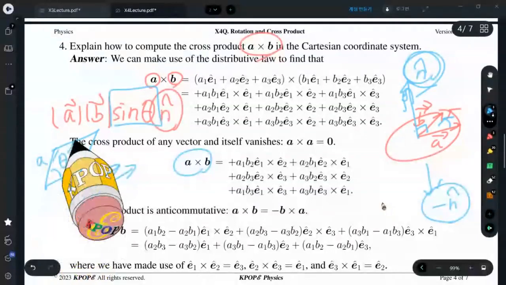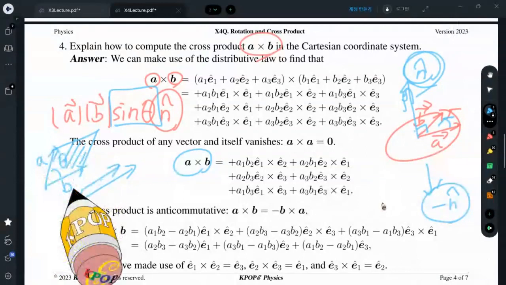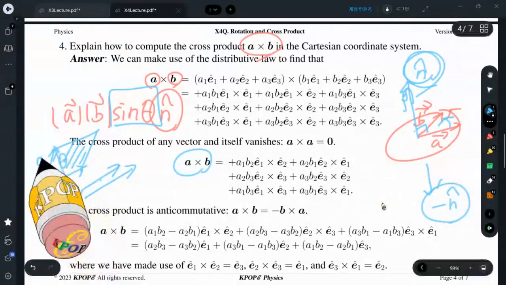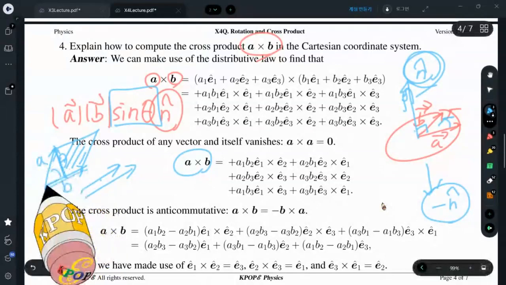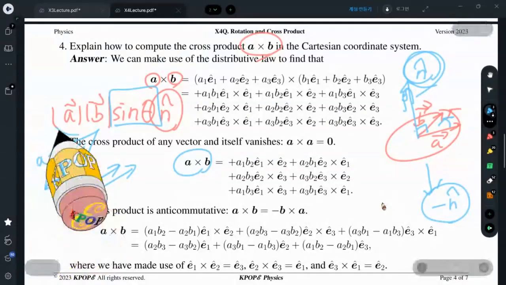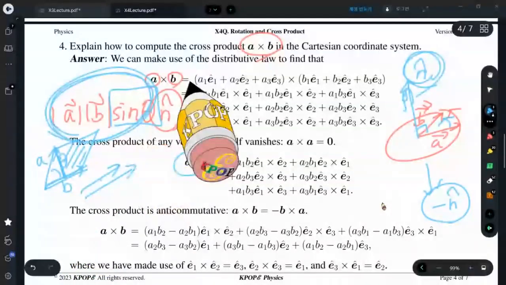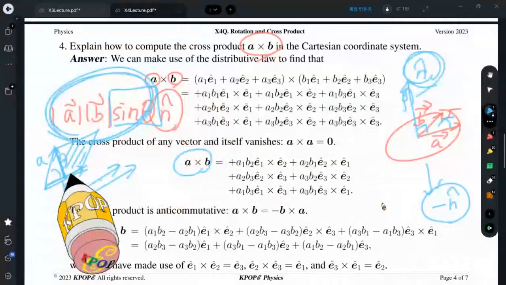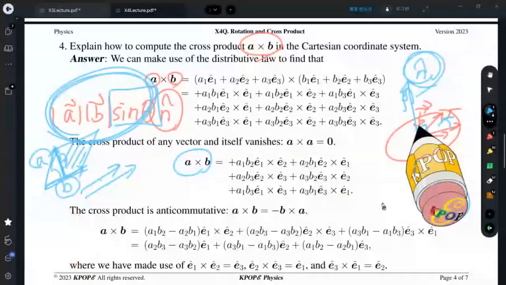The area of a parallelogram is represented by A times B sine, because A sine theta is the height and B is the base. Base times height is the area of a parallelogram. So the magnitude of a cross product is the area of a parallelogram spanned by these two vectors, and the direction should be chosen in this manner.